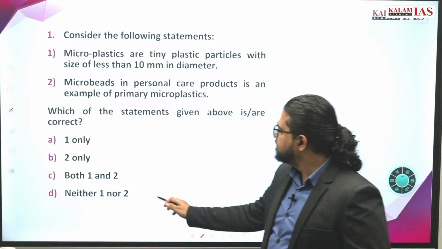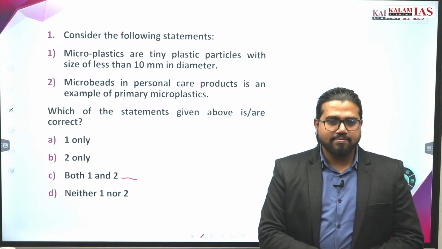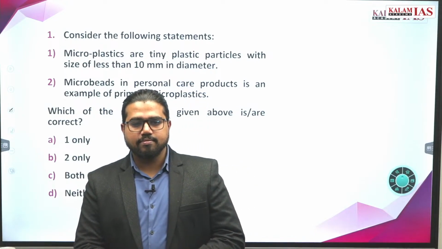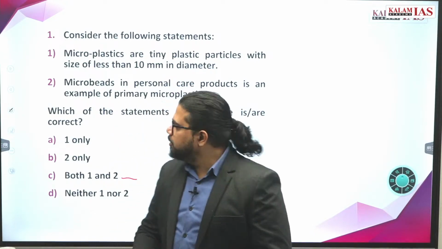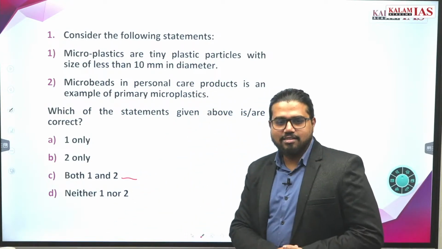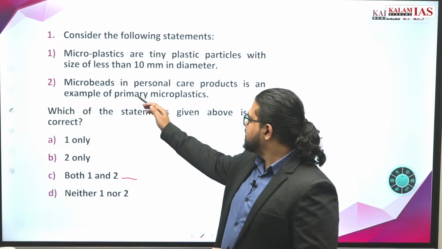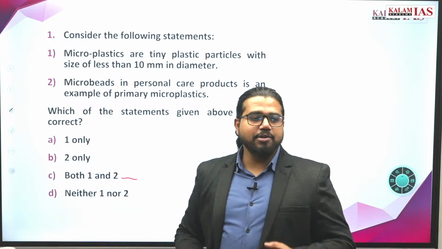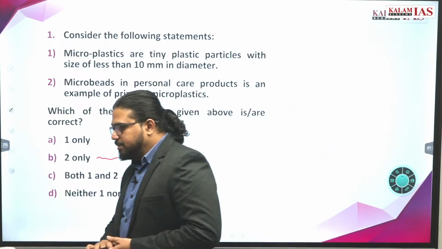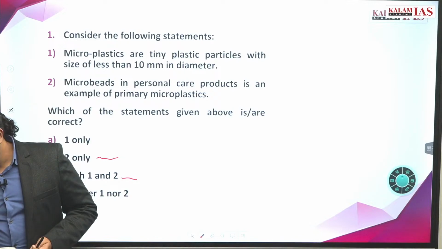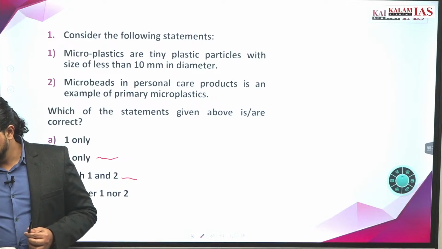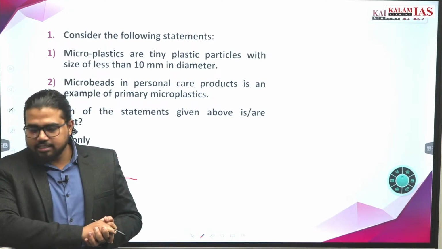You marked C. Why? You don't know the exact diameter of microplastic. Then why did you mark C? You are thinking that the second is right. What about you? You marked B. Let me check the online poll status. You can end the poll. 67% are saying the answer is B.